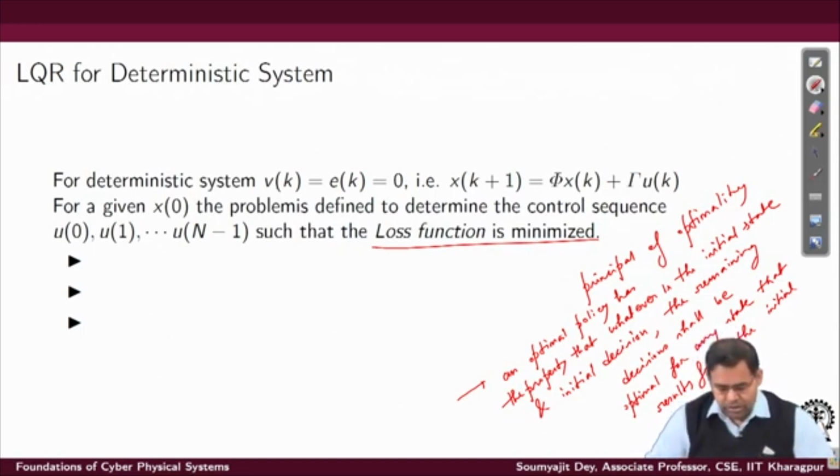Now, why does this principle of optimality come into play here? Because we will try to use this to figure out how to solve this problem and how to solve this idea of computing u here.